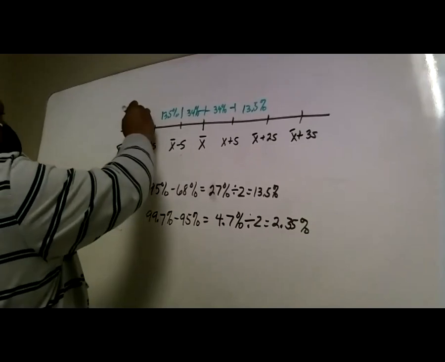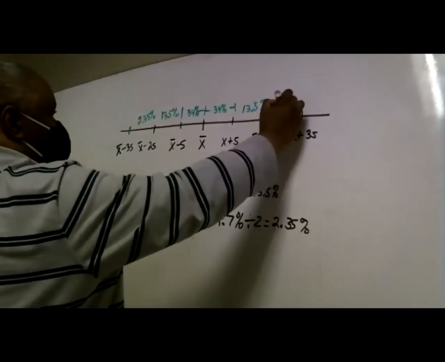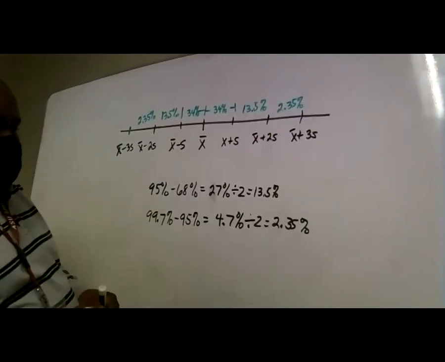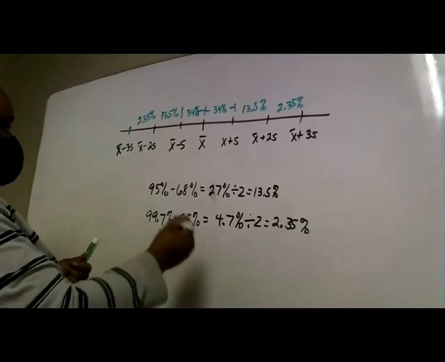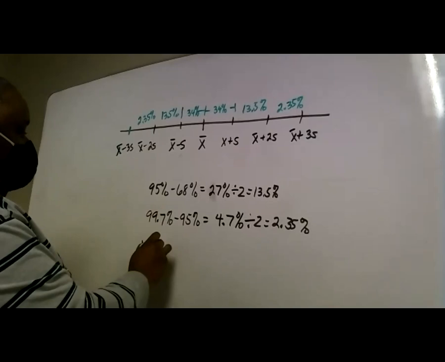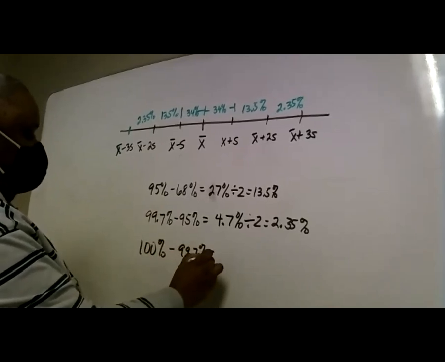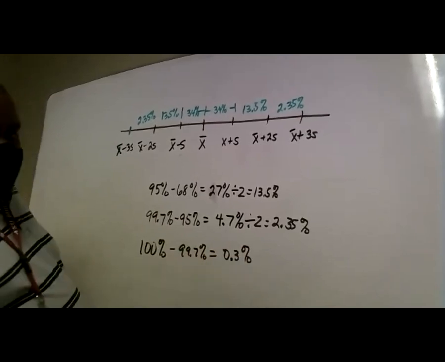So this is 2.35%, and the other one is 2.35%. Now the whole curve is 100%, and we already got 99.7% taken care of. That's going to be 0.3%.